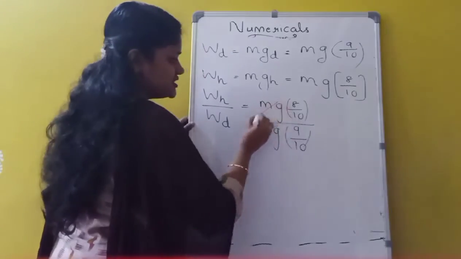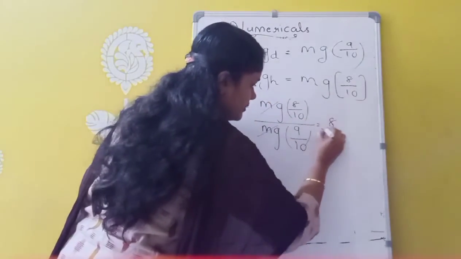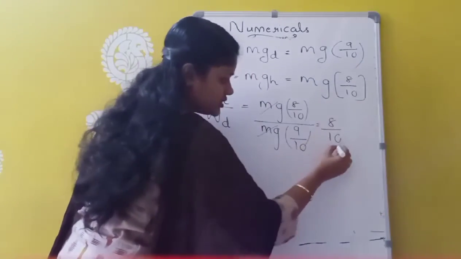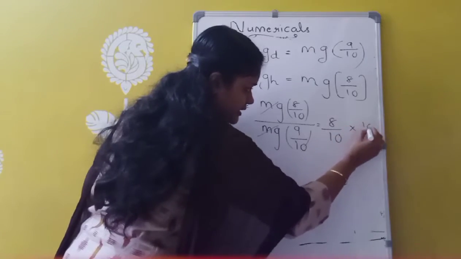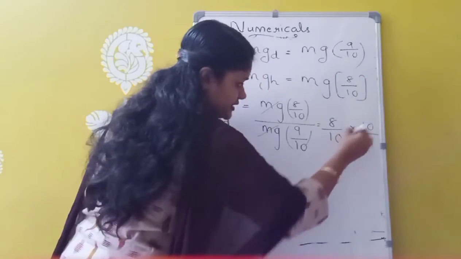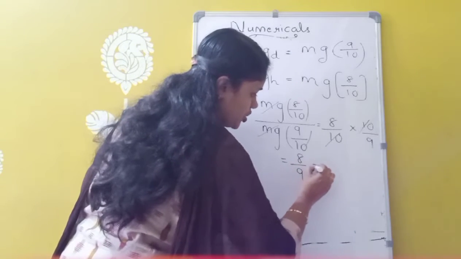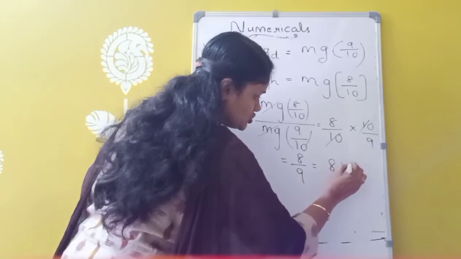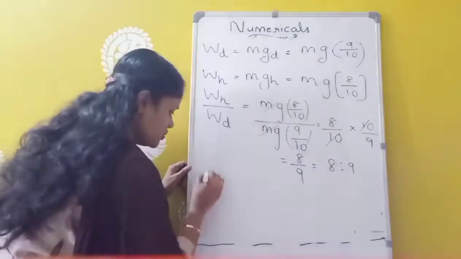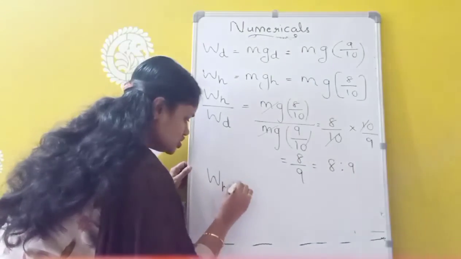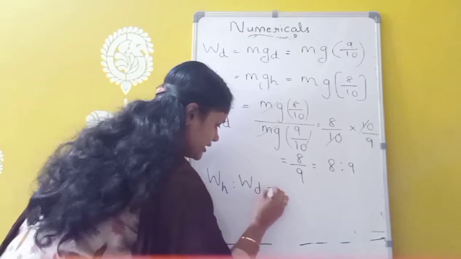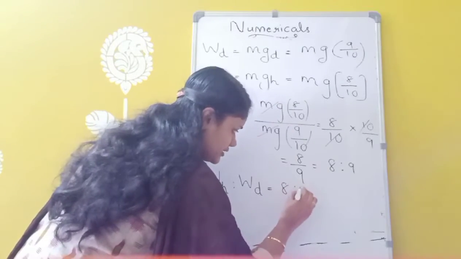So m g cancel. Remaining 8 by 10, take the reciprocal and multiply, so into 10 by 9. So 10 cancels. So we will be getting 8 by 9, or in ratio we can write as 8 is to 9. So W_h is to W_d equals 8 is to 9.